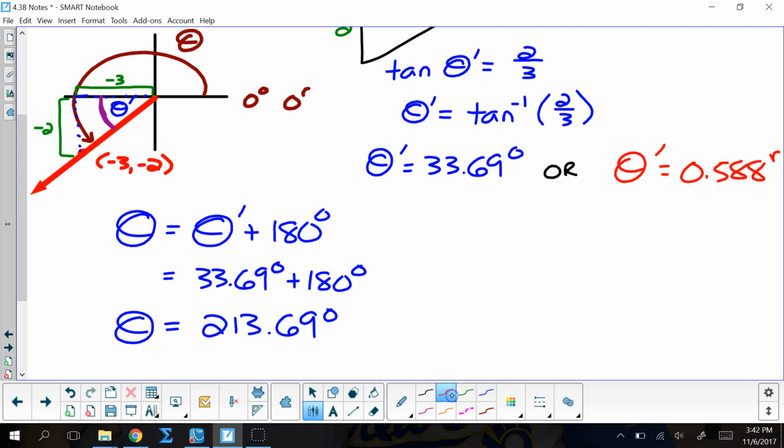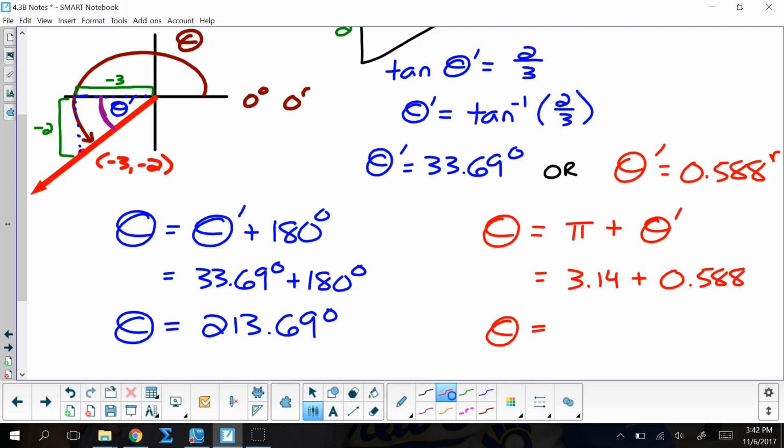In terms of radians, theta would be pi plus my reference angle. So that's going to be 3.14-ish plus 0.588. So that's going to give me my theta here of 3.730 radians.